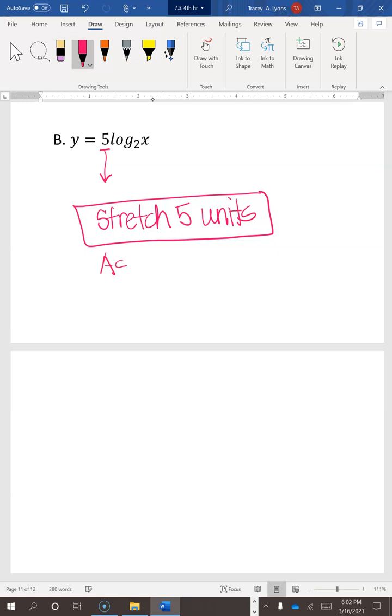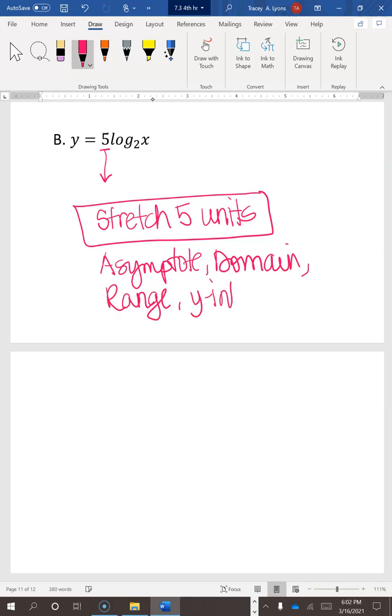So all of these, domain, range, asymptote, and y-intercept are all the same as before.